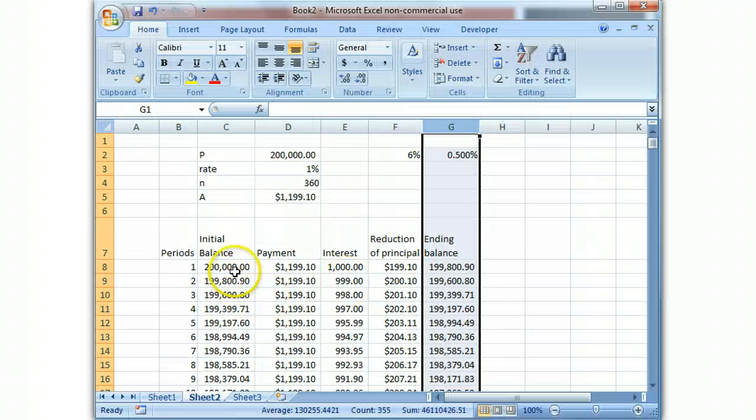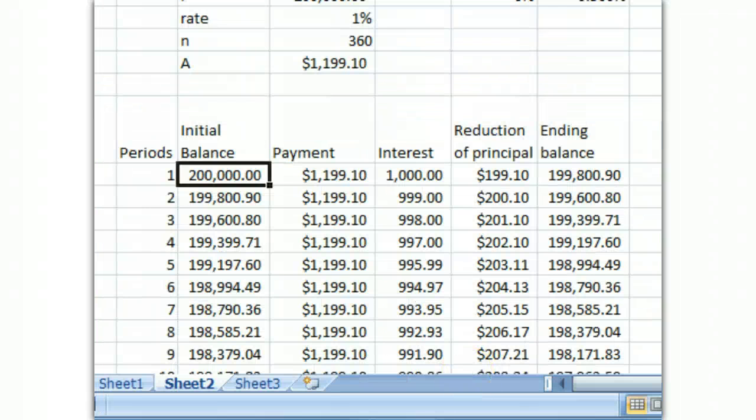So how does that look when we use it for a real case of a mortgage for a house? Well, your initial balance is 200,000, and then your payment is $1,199.10. 0.5% of that is $1,000, and that means that you are able to reduce your debt by $199.10 in the first month.